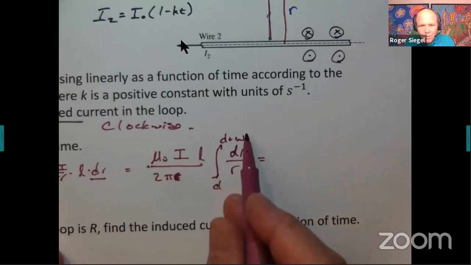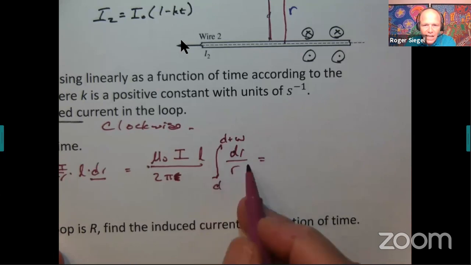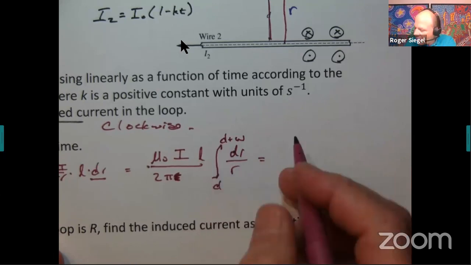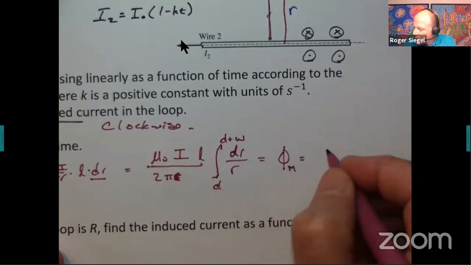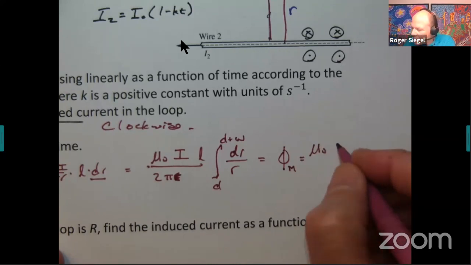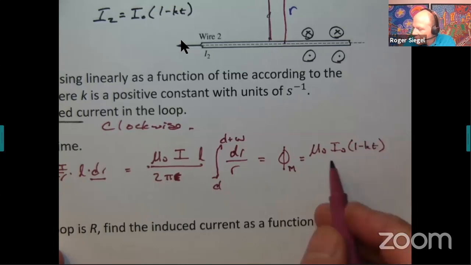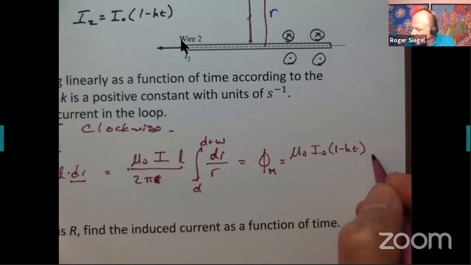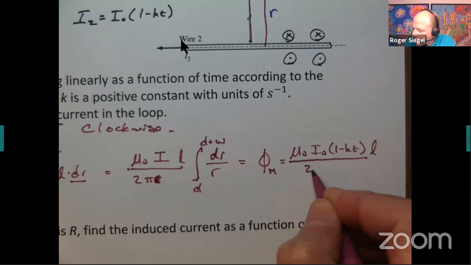And so I'm sure a lot of you remember that the integral of 1 over r dr is the natural logarithm of r. And so what we get is phi magnetic is equal to mu naught I, which is what we said it was before, I naught times 1 minus kt, times L over 2 pi.